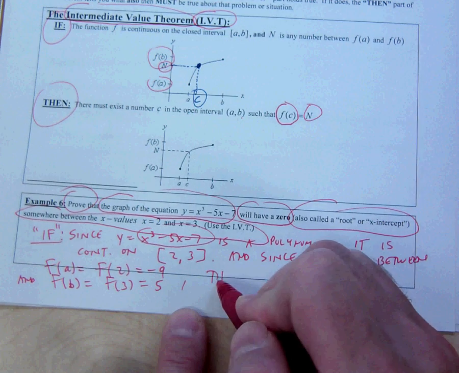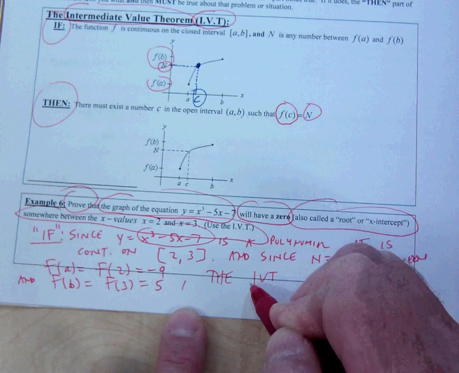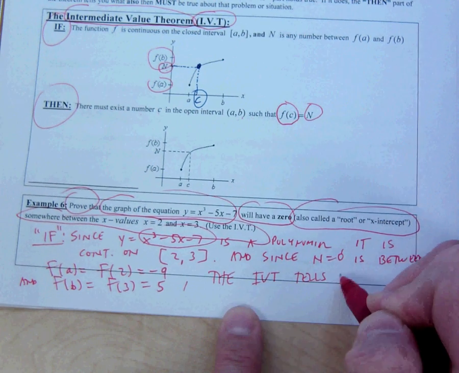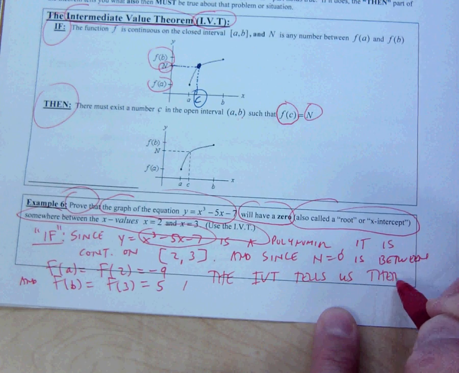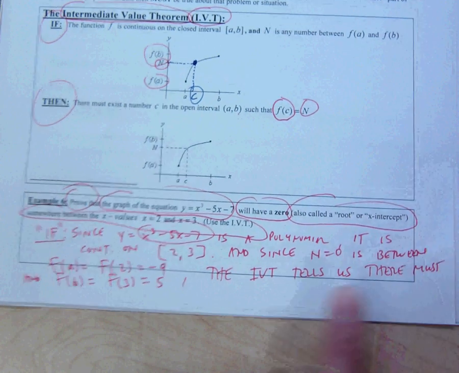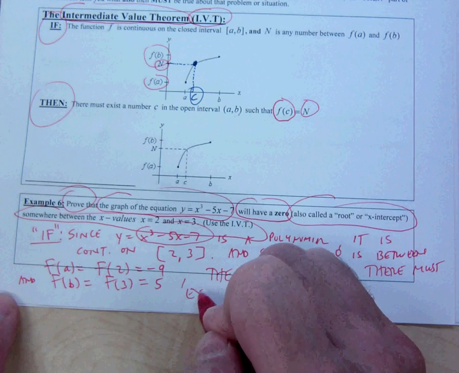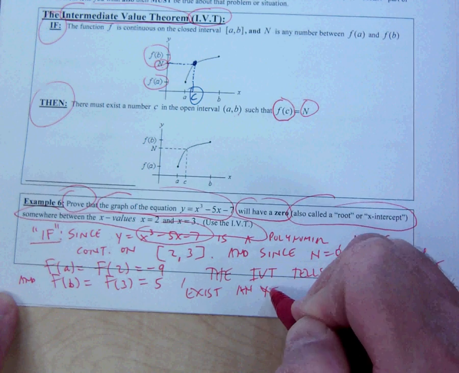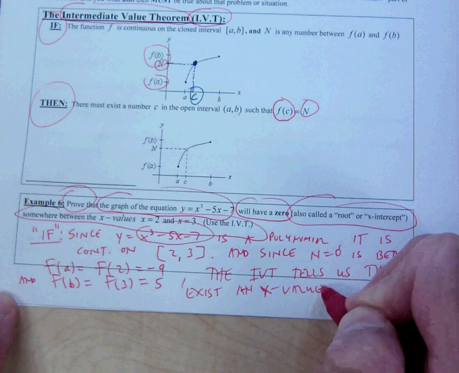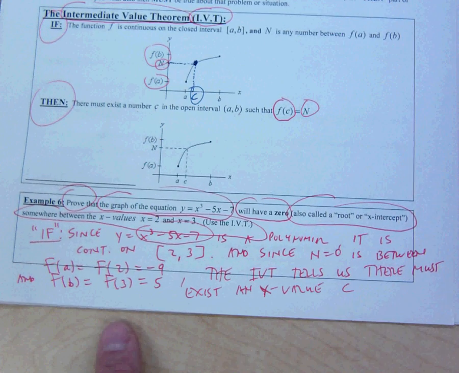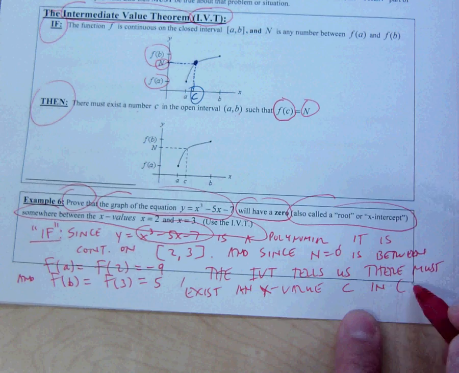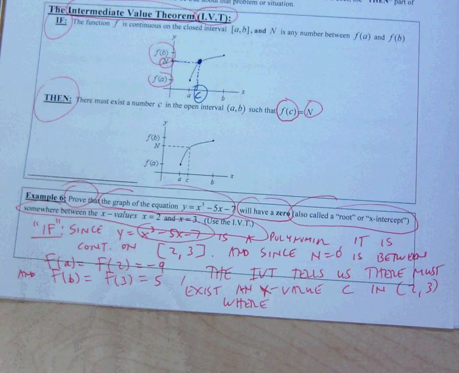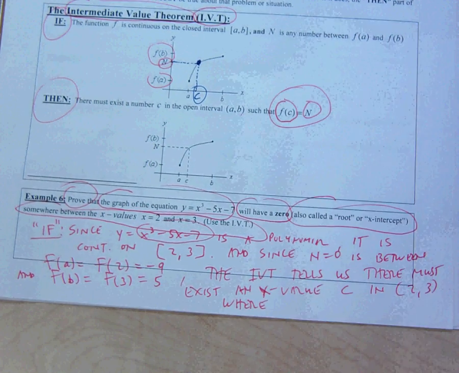So by that, the intermediate value theorem tells us that what? There must exist an x value c in between 2 and 3, where f of c equals n, which in this case is what?